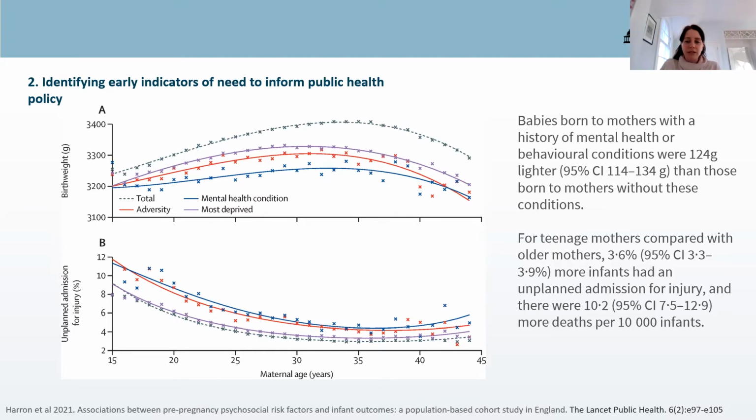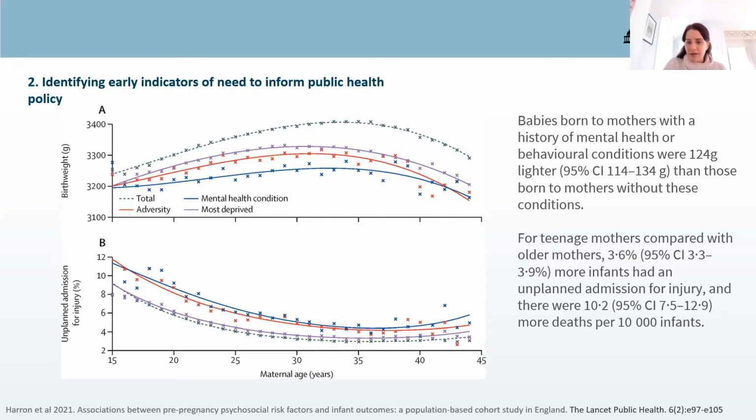And it shows the relationship between maternal age and birth rates for the top plot, and infant injury admissions on the second plot. So you can see the strong pattern according to maternal age, and generally see that the best outcomes are seen for mothers who are aged between 30 and 35.